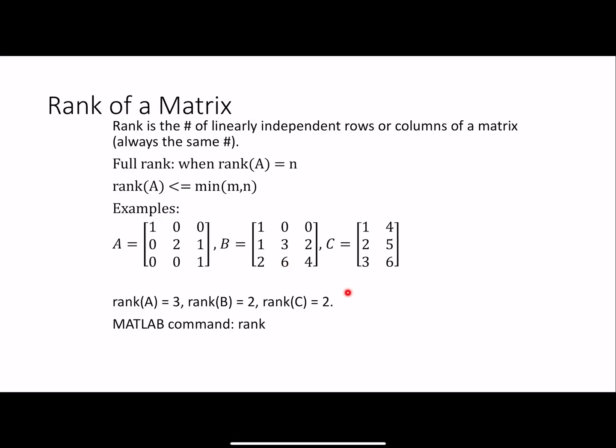So they're not linearly independent, so the rank of this matrix is 2. And of course, when I have two columns of three numbers each, I cannot write one as a function of the other unless they are the same vector or a multiple, and so here the rank is 2. Right? MATLAB has a command for this, and you simply type rank.